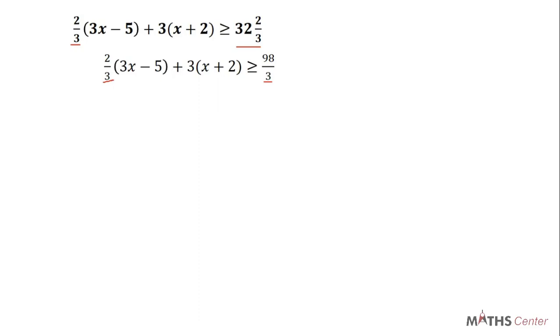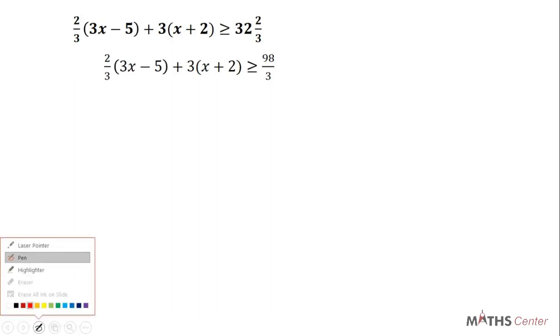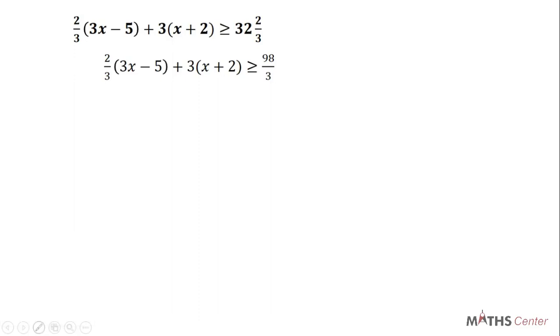The denominators are 3 and 3. LCM of 3 and 3 is 3. So we have our LCM.